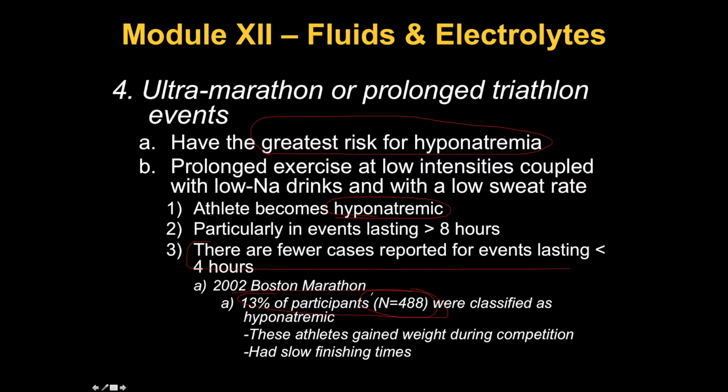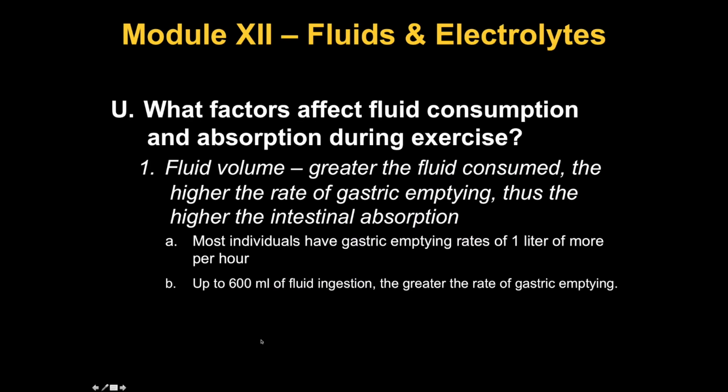They're consuming a whole bunch of hypotonic fluid, so they're probably consuming water. What's interesting is that these athletes actually gained weight during the competition because they were drinking so much fluid. But they did have slower finishing times because they put themselves in this hyponatremic state, which again can be quite dangerous.